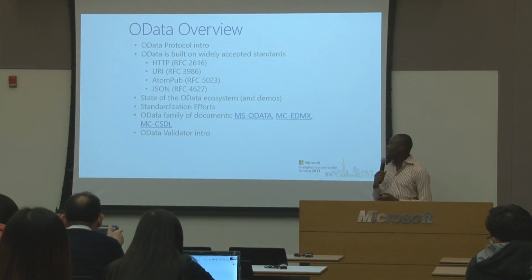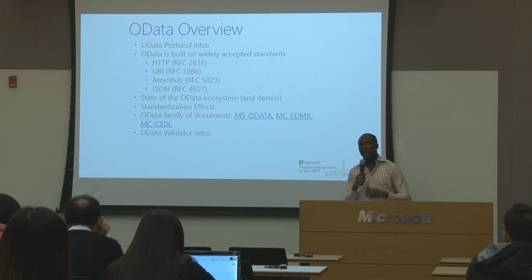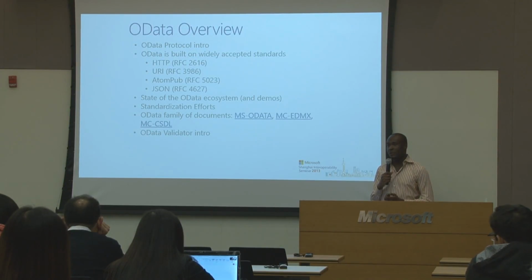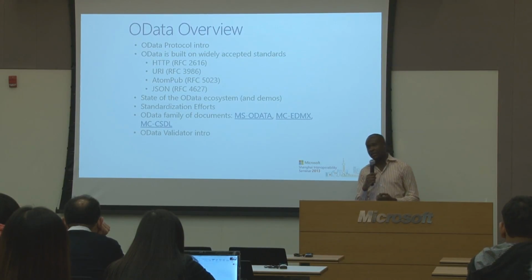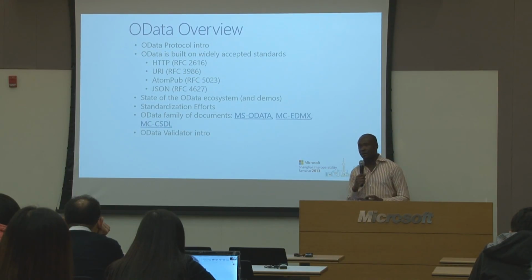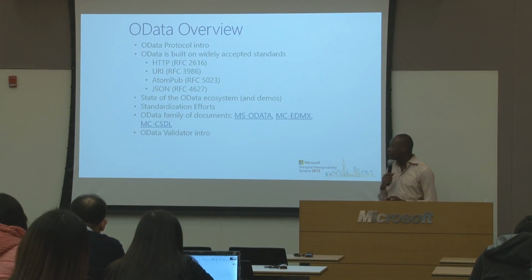It's built on widely accepted industry standards, so HTTP and the different payload formats that we support, Atom and JSON. We'll also be covering the state of the ecosystem and the standardization efforts. This is how OData is becoming an industry standard, with the current drafts that are available right now on OASIS, and how you as implementers can participate in that standardization effort as well.